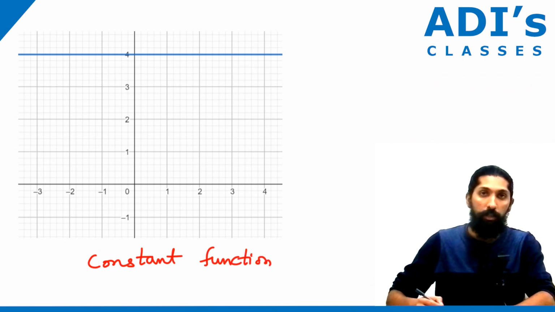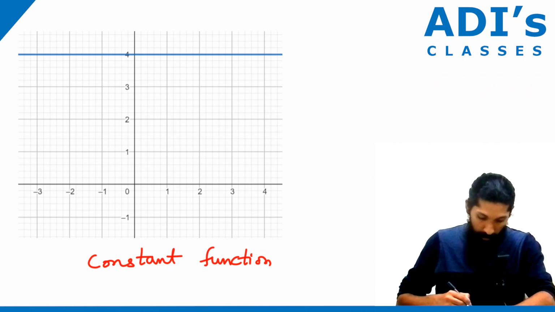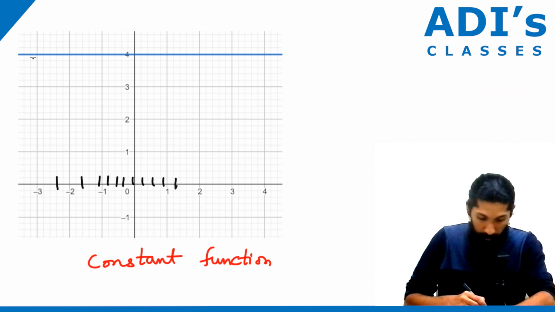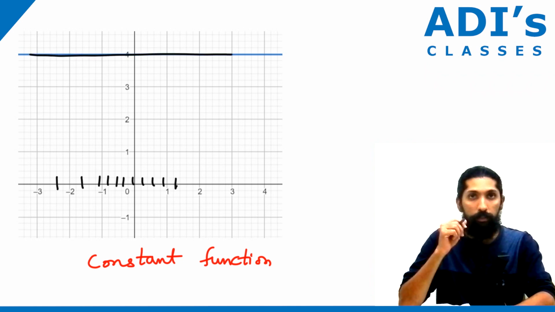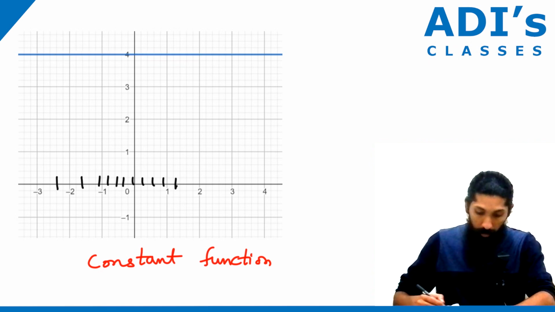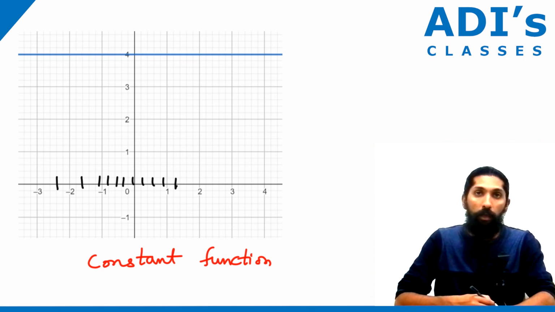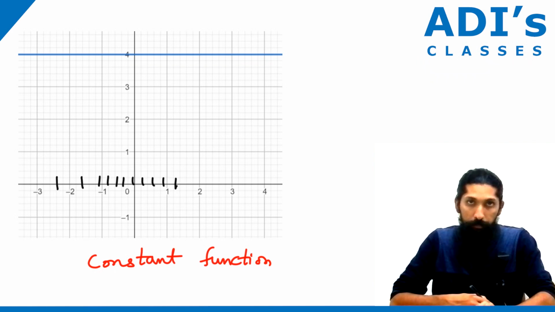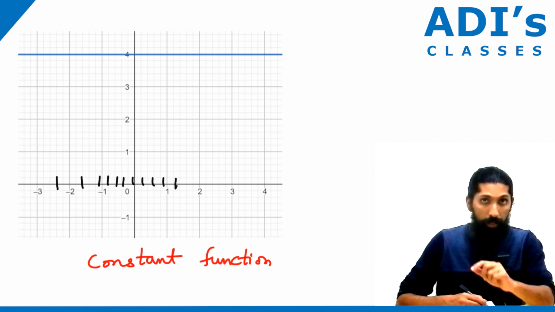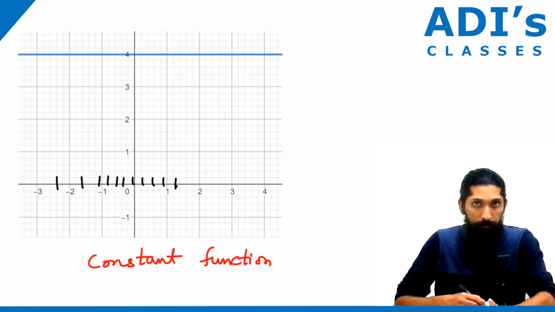Now in a constant function, no matter what value of x you take, the y value is constant, isn't it? That's why we call this a constant function. A constant function can be parallel to the x-axis or the y-axis.